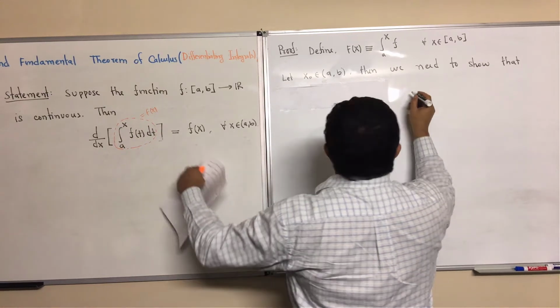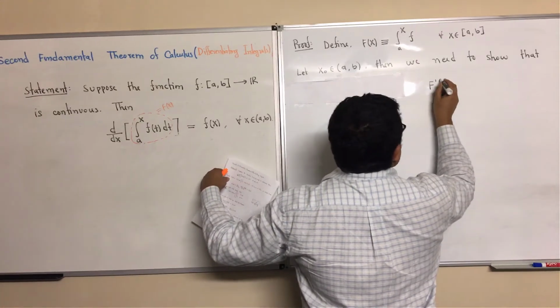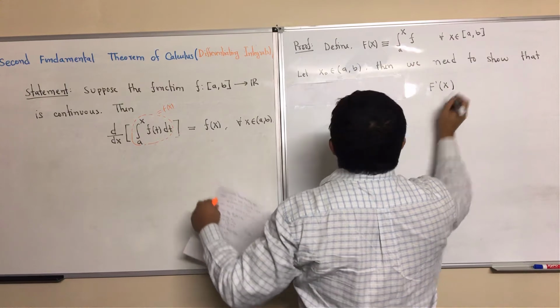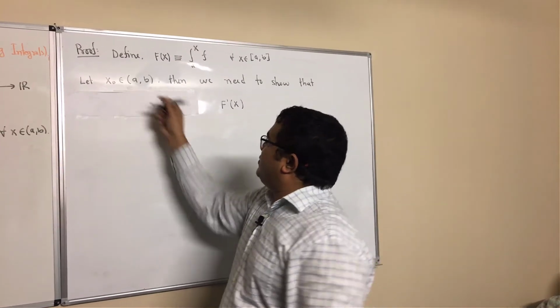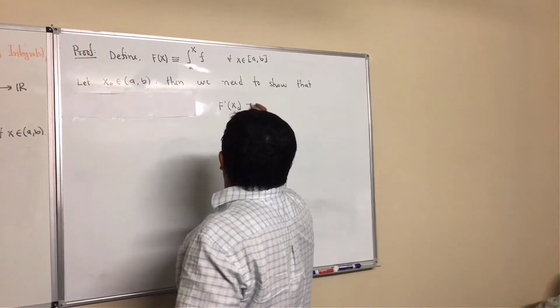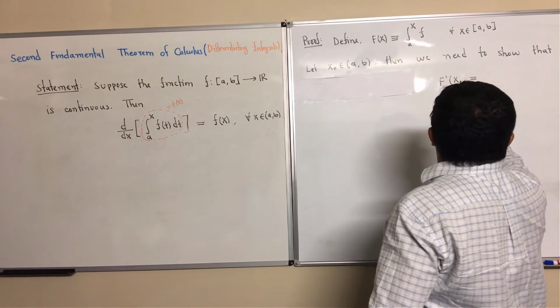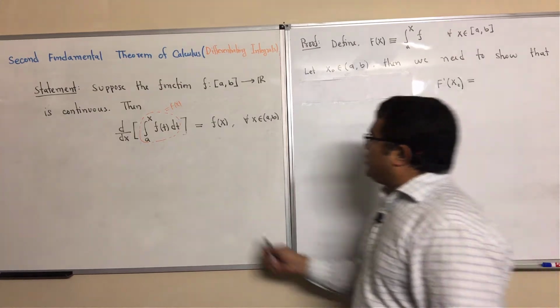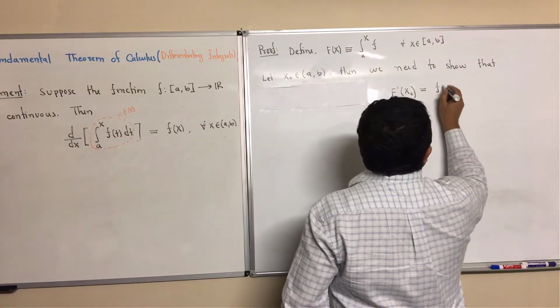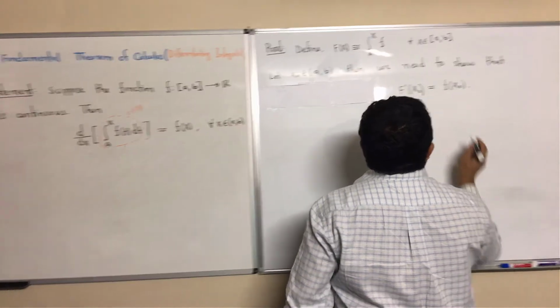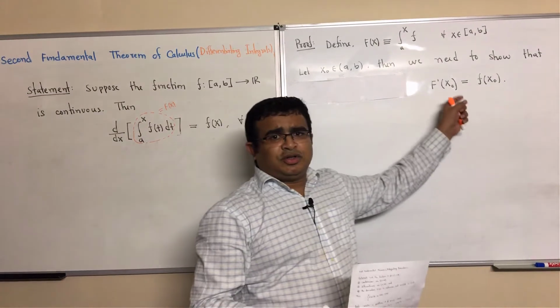So the left side becomes F prime of x. Since we are considering a point x0 in that interval, it is x0. So F prime of x0, and when x is x0, the right side becomes f(x0). So we need to show this one.